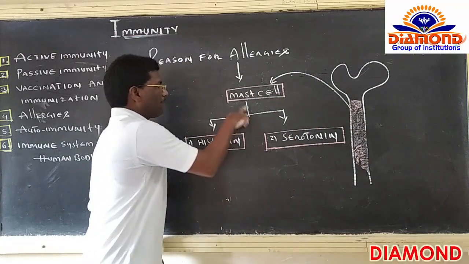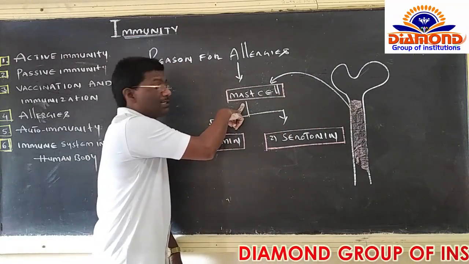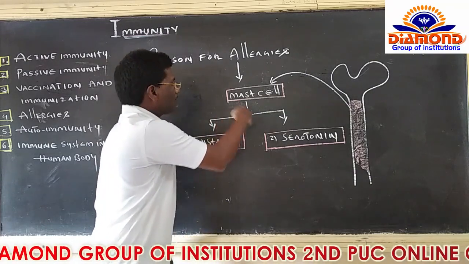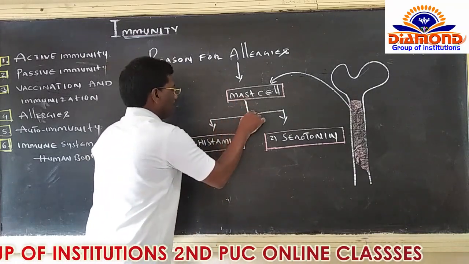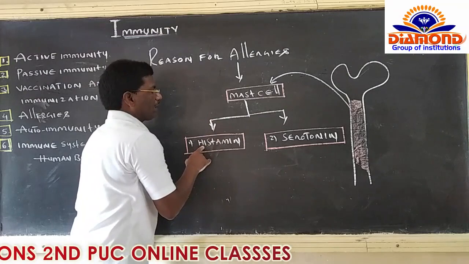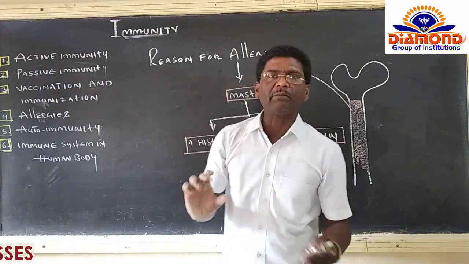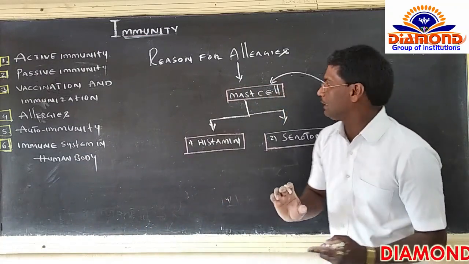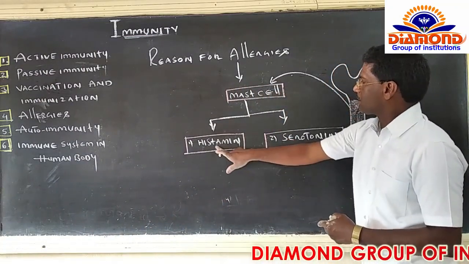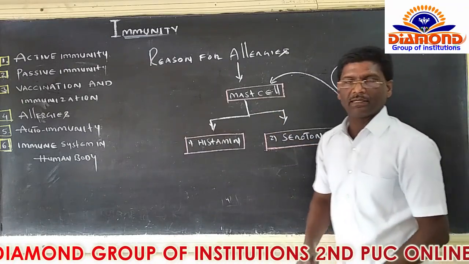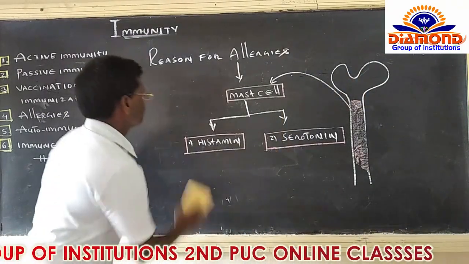Whenever a person is affected by allergens or allergies, immediately mast cells react or respond. Immediately there is production of histamine and serotonin chemical substances. So the basic reason behind allergic reaction is production of histamine and serotonin by mast cells. That's it. Very simple.